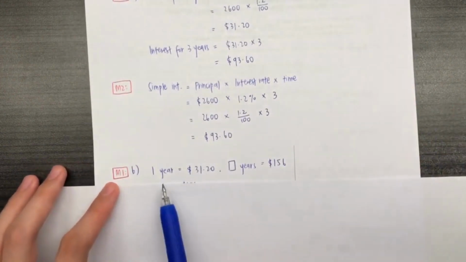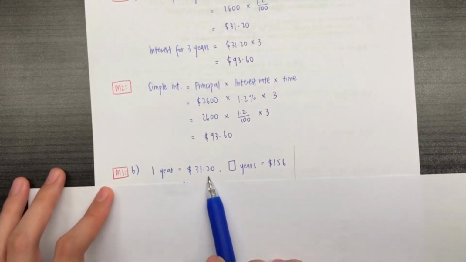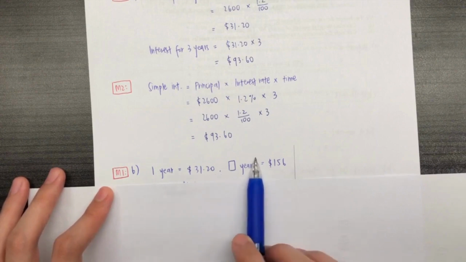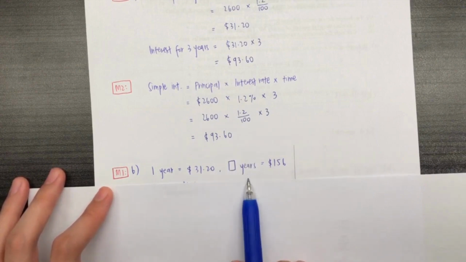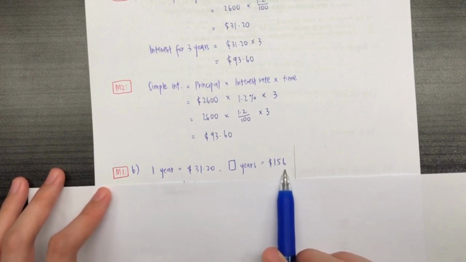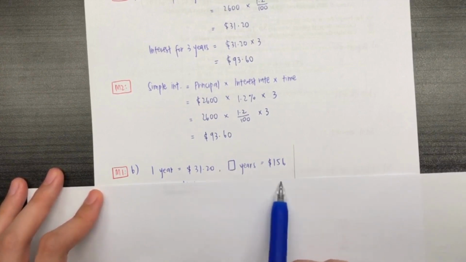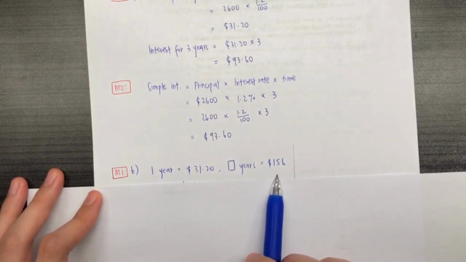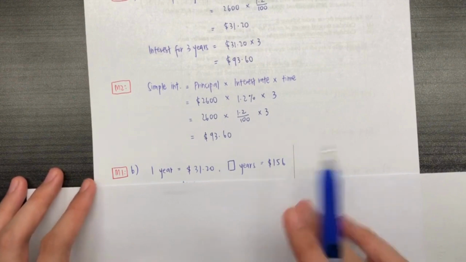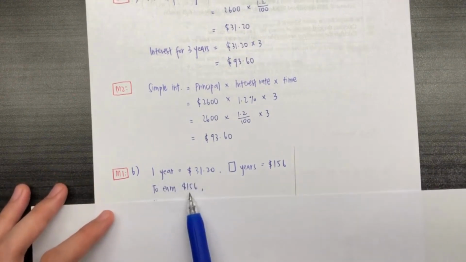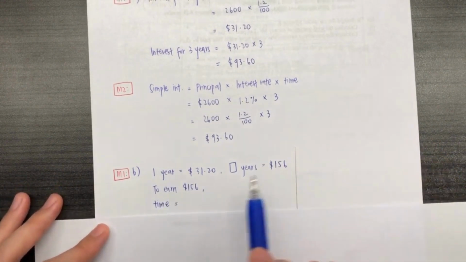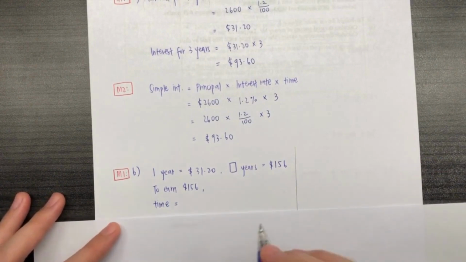You can write it down as 1 year equals $31.20. And we are actually trying to find the number of years for it to be equal to $156. So we are finding the time it takes for us to gain a total interest amount of $156.